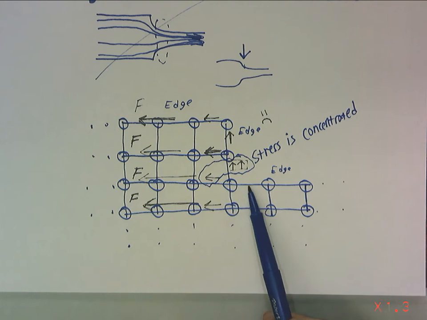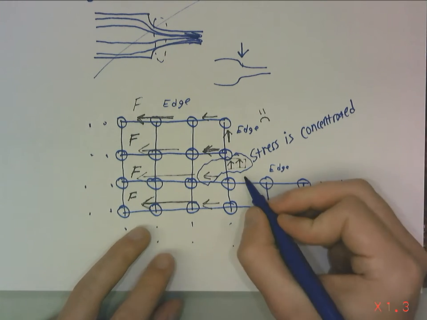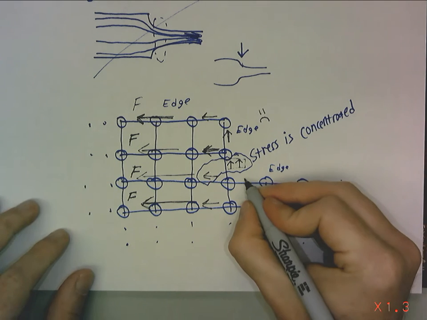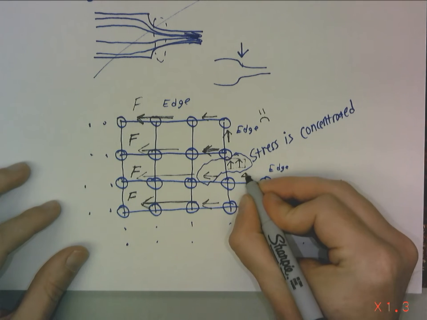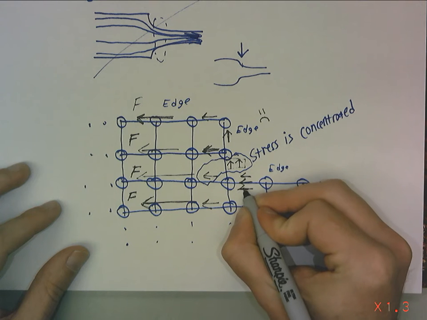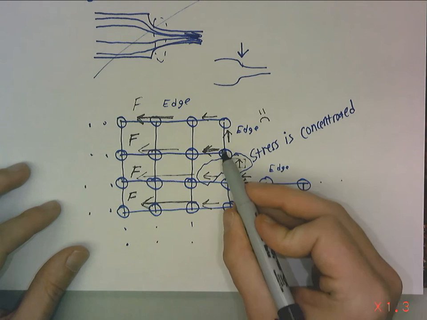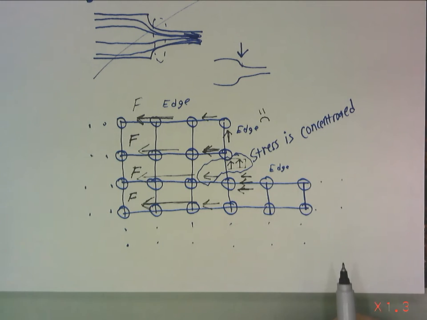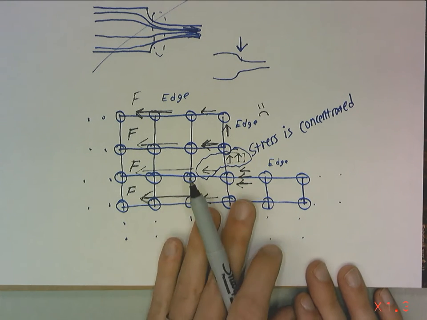If this bond here, which now has what? Triple-ish force on it, because this atom is getting pulled double from the top and from the side. Again, that's not exactly a stress like a truss type problem from statics, but close enough.